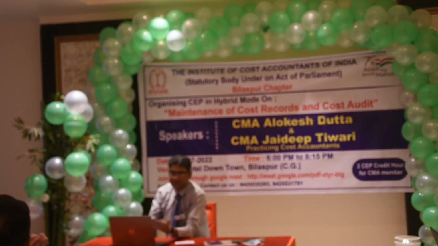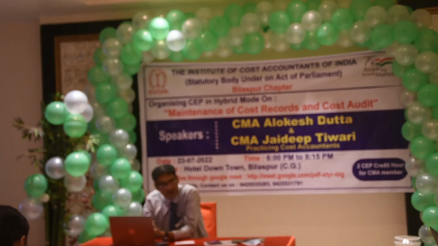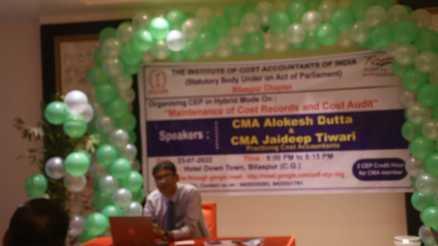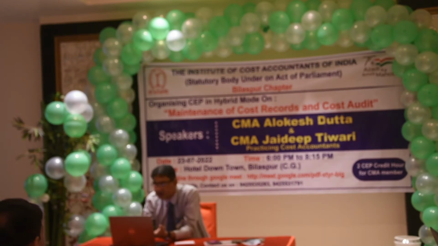Cost accounting records. The cost records, as Dutta has already said in his presentation, have to be prepared as per CRA-1. Agreed. But CRA-1 gives the statutory requirement, mostly what has to be done in order to prepare the cost audit report portion.